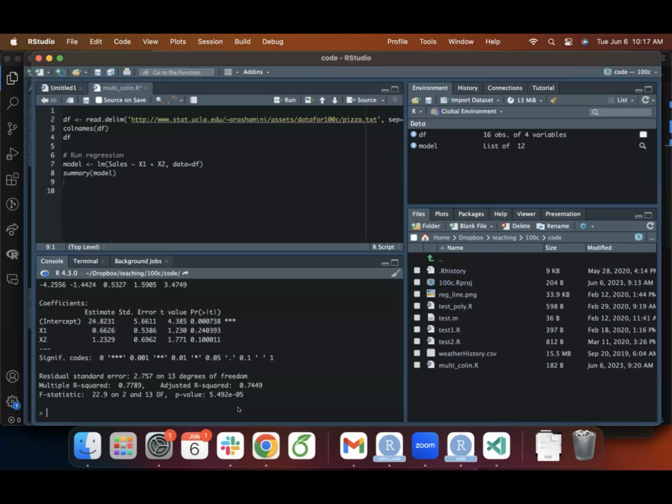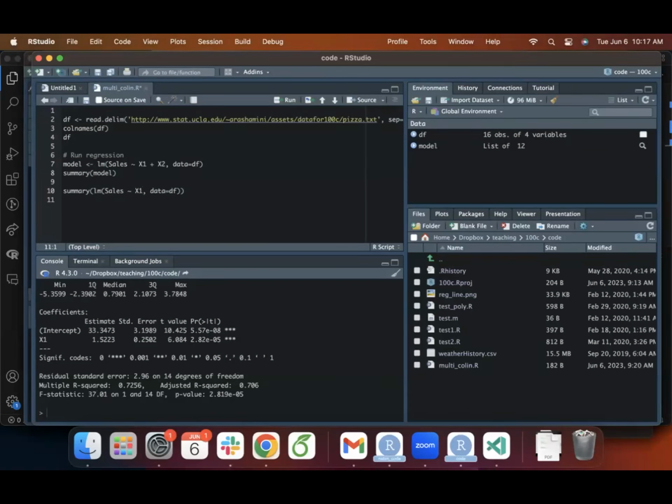So if you think a little bit about this, you can also see, for example, if I do lm against X1, a regression against X1, you can see it's very highly significant.